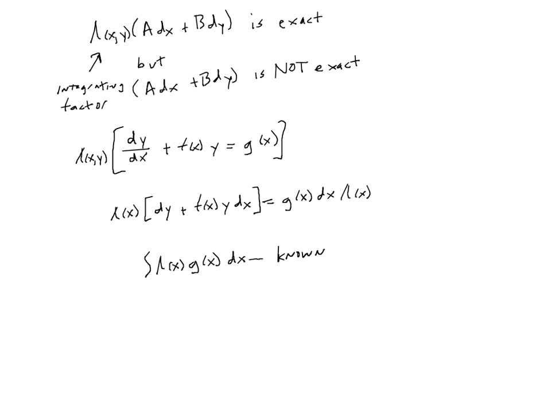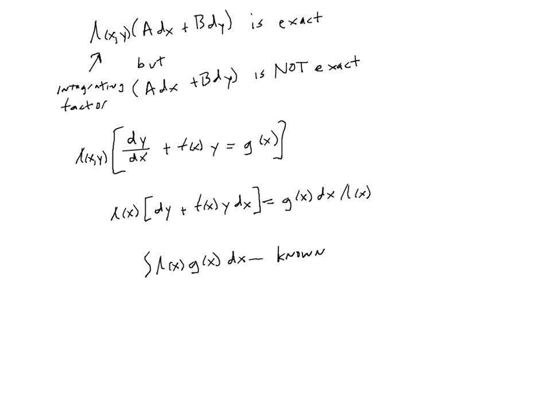So this is known. Now the left-hand side: if we can integrate the right-hand side, then whatever the integral of the left-hand side is going to be equal to that, right? And so you'll notice here that if the left-hand side is exact, then all of this is basically going to be equal to partial u partial x or partial u partial y.